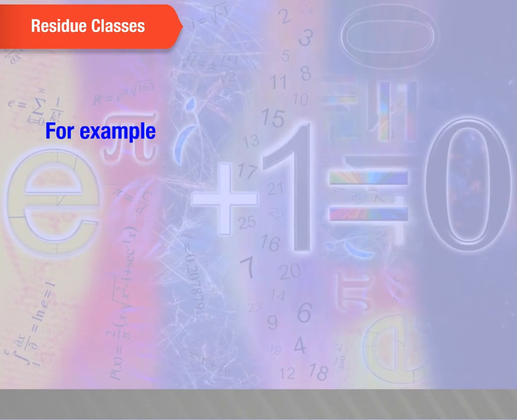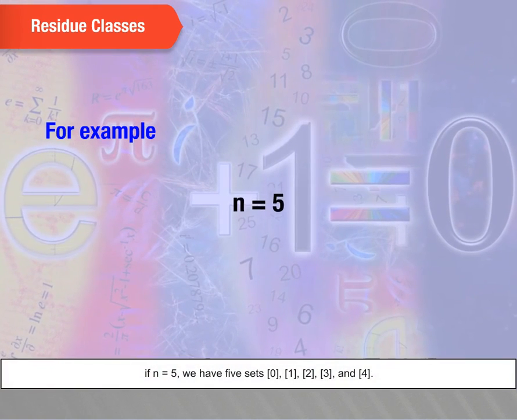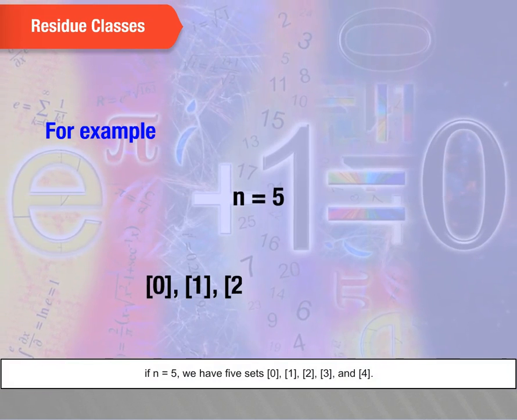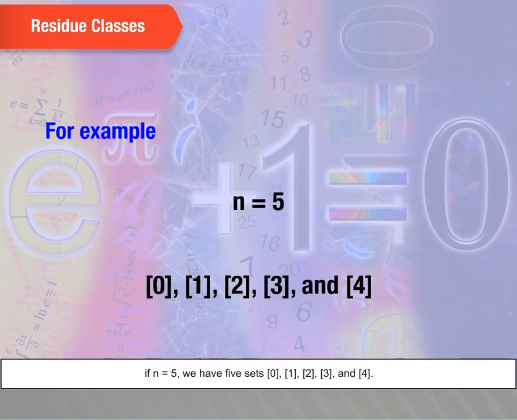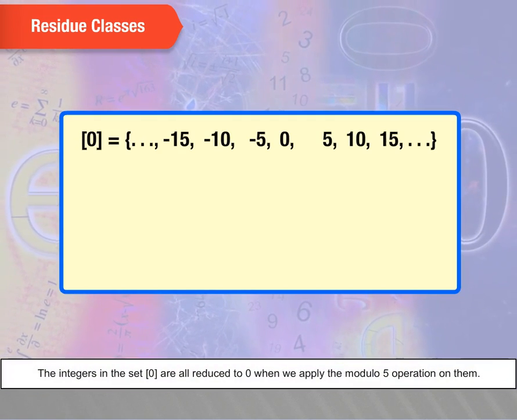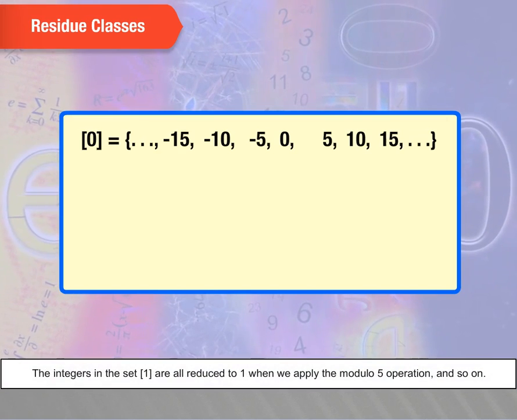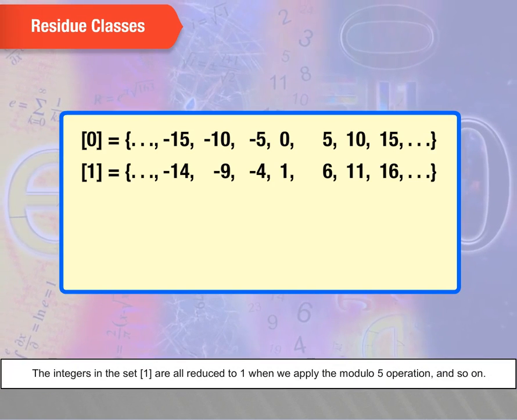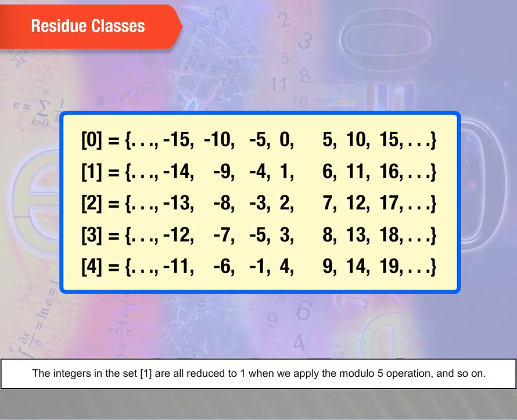For example, if n is equal to 5, we have 5 sets: set 0, 1, 2, 3, and 4. The integers in set 0 are all reduced to 0 when we apply the modulo 5 operation on them. The integers in set 1 are all reduced to 1 when we apply the modulo 5 operation, and so on.